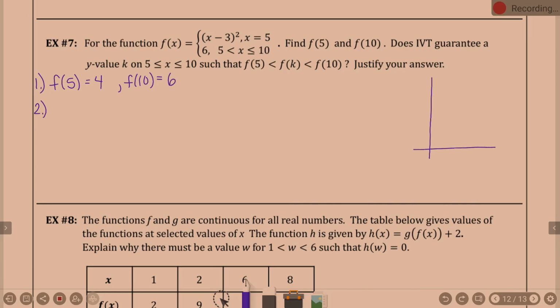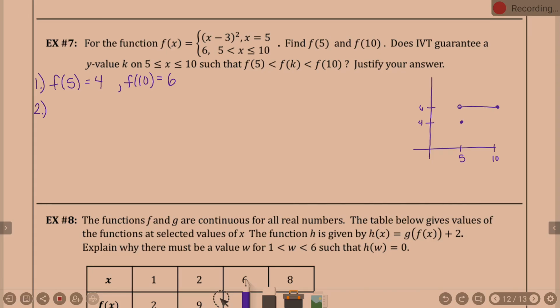From 5 to 10, it's just a straight line, yes? 10 is included, 5 is not included. At f of 5, we determined it to be 4. It's almost continuous except at 5. Okay? There's a hole, there's a point discontinuity, there's a jump.